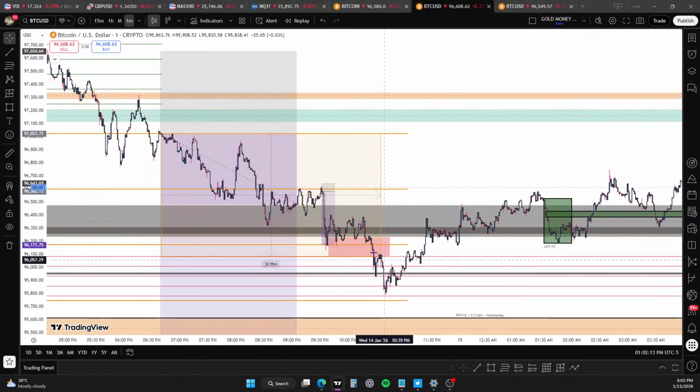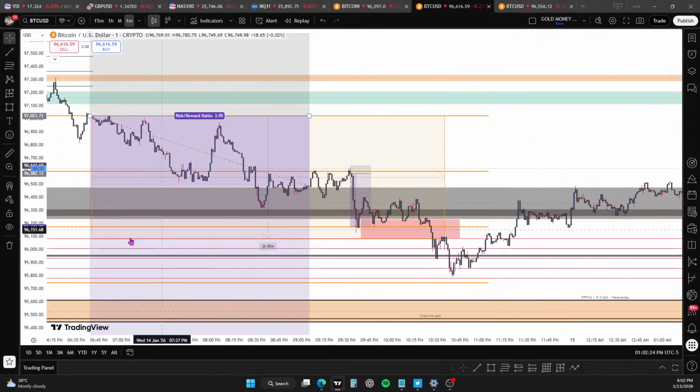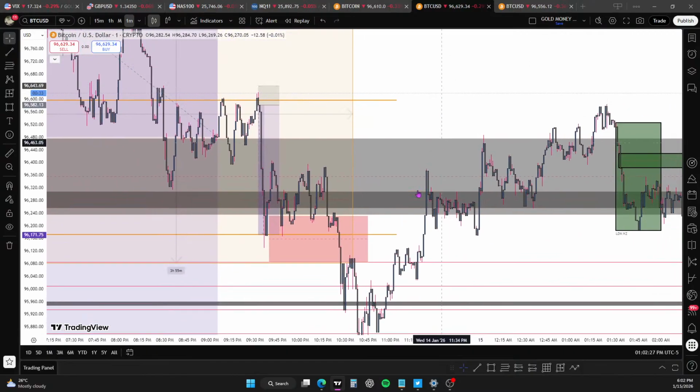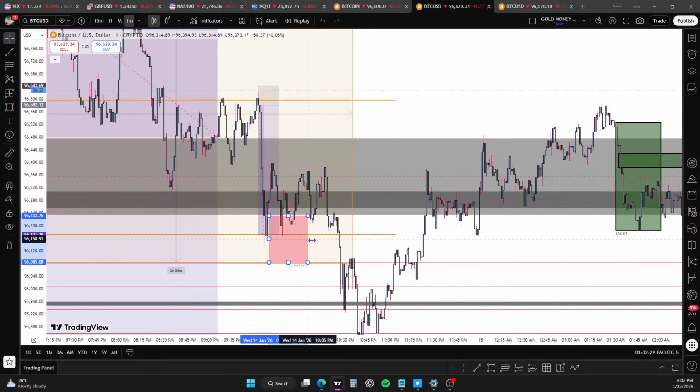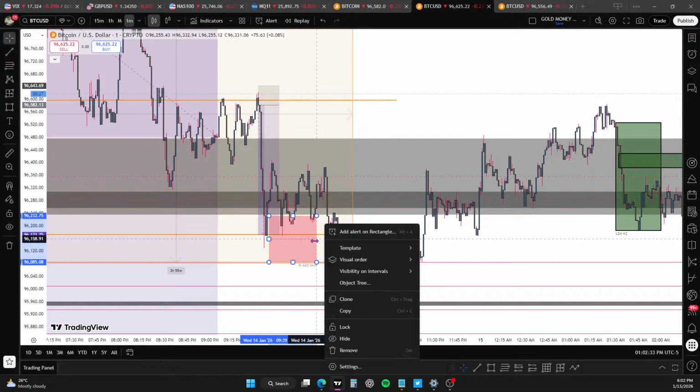My area was this. I was quite stunned to see what it looked like when price, because my box was already drawn and everything. I've only moved it out. Actually, I think it was like that or something.